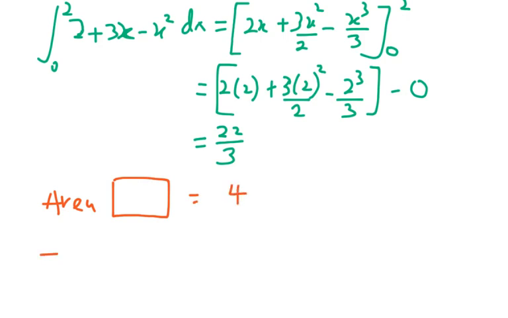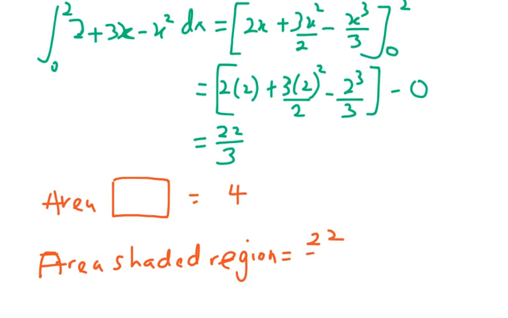Hence, the area of the shaded region can be found by taking the area under the curve minus the area of the rectangle, and you will get the final answer as 10 over 3.